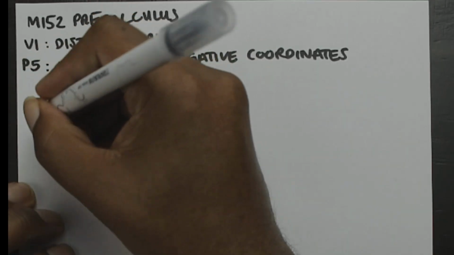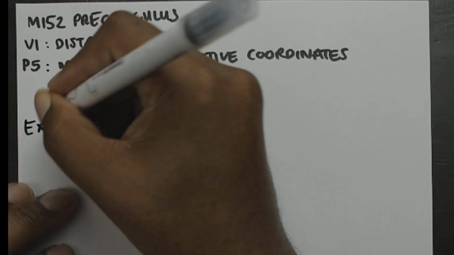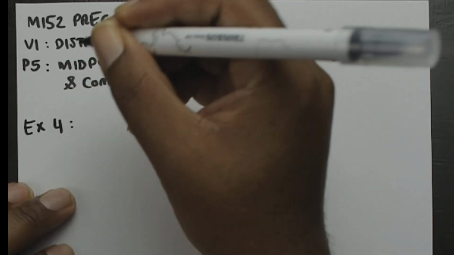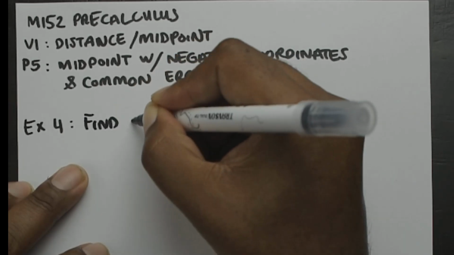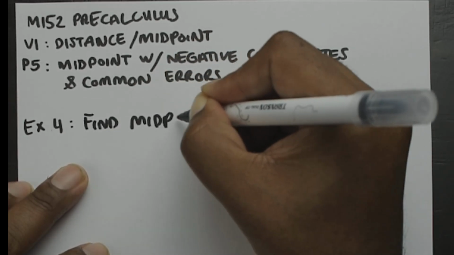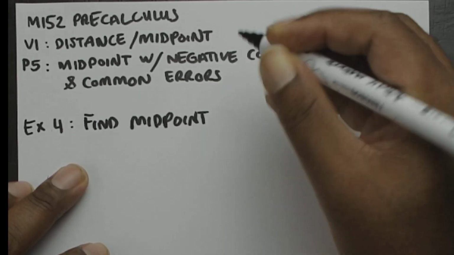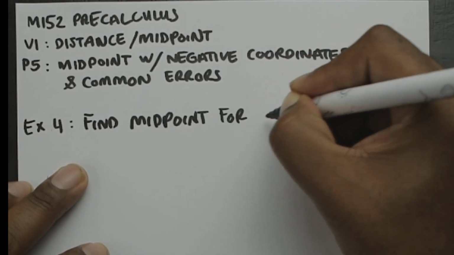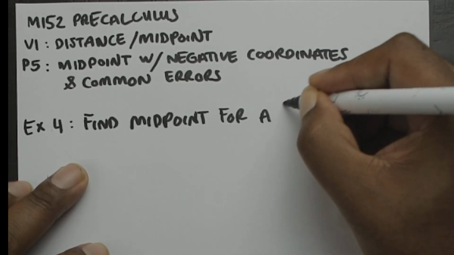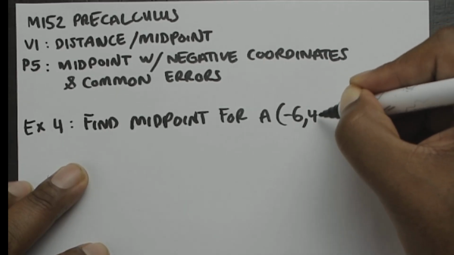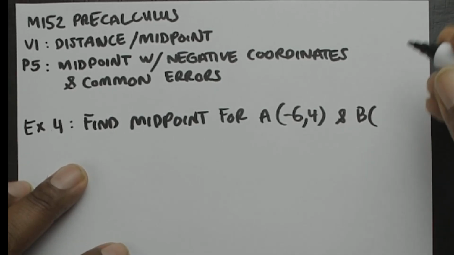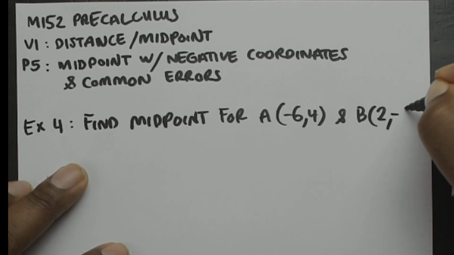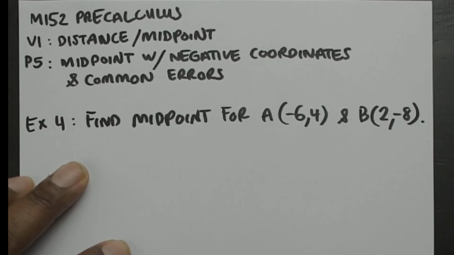So this is example number 4, and I want to find the midpoint for (-6, 4) and (2, -8).